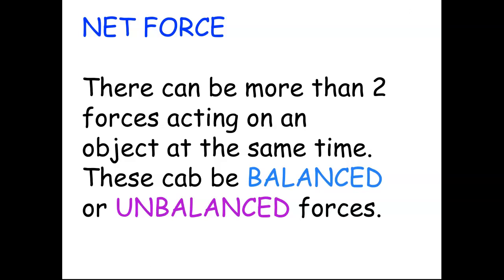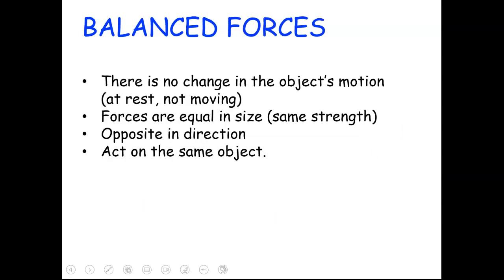So there can be more than 2 forces acting on an object at the same time. And these can be balanced or unbalanced. We're going to talk about the difference between balanced and unbalanced forces. In balanced forces, there's no change in the object's motion. So the object is going to be at rest.